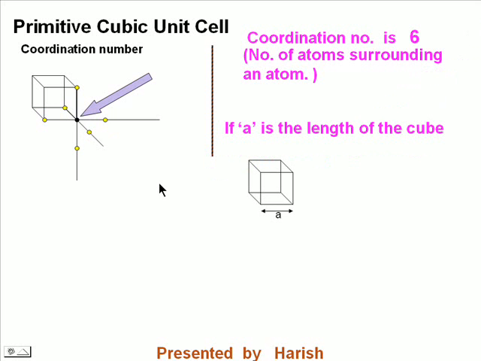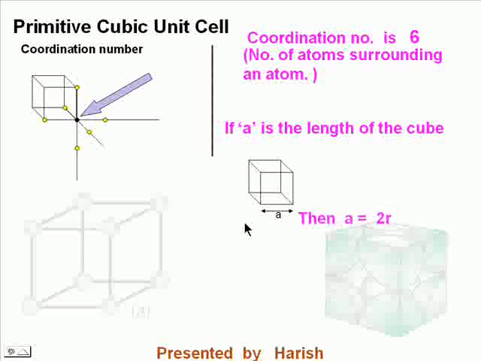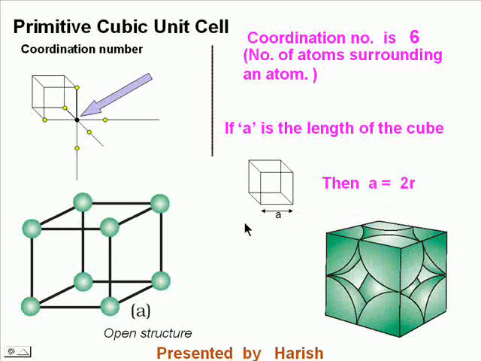If a is the length of the cube, so the cube has only one dimension, that is a. If a is the length of the cube, then a is equal to 2r. How do I get this? Look at this. This is the side, this is a, and here they are touching each other. These spheres are touching each other. So this is called an open structure.